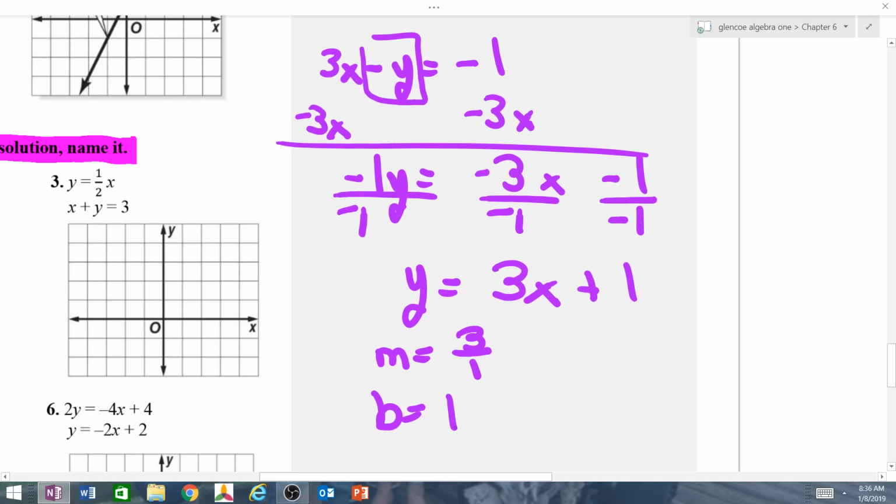Okay, guys, go ahead and graph it and then decide if there's one solution, no solution, or infinitely many solutions.